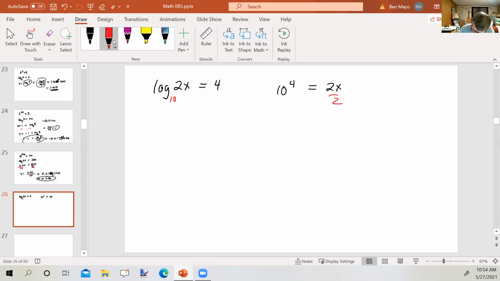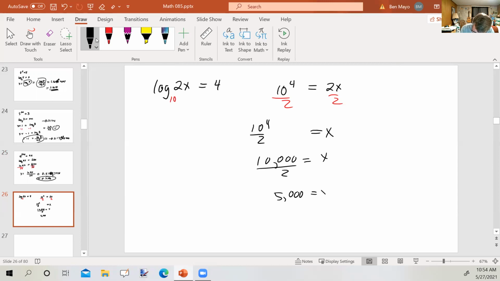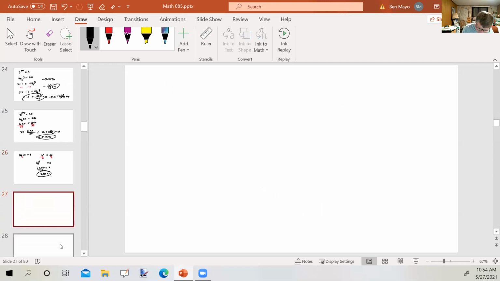Then dividing by 2, x equals 10 to the 4th power over 2. Well, 10 to the 4th power would be 10,000. Divided by 2 would be 5,000. So x equals 5,000. Let's take a look at another example.